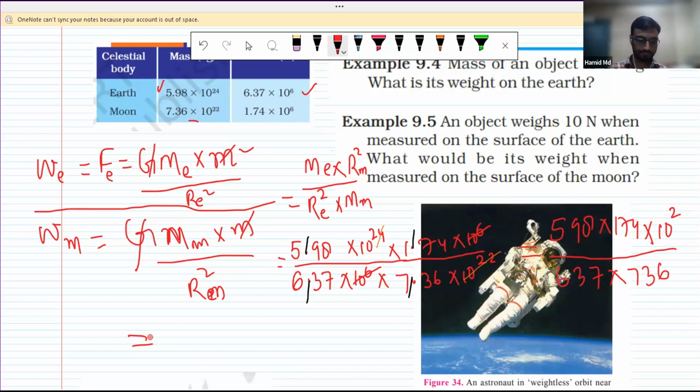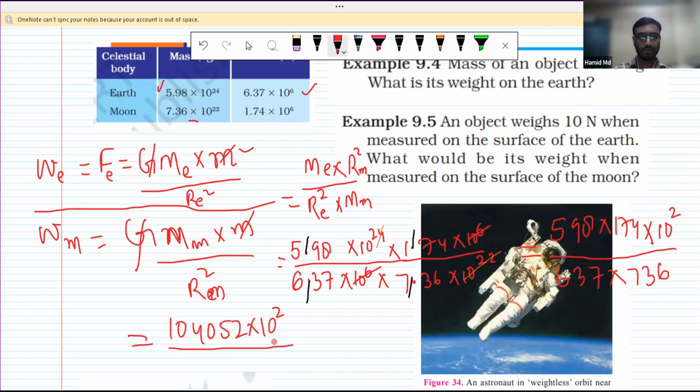Okay. So it's 598 into 174, 598 into 174. So it is 10, 40, 52 into 10 to the power 2 divided by 637, 637 into 736, 736.